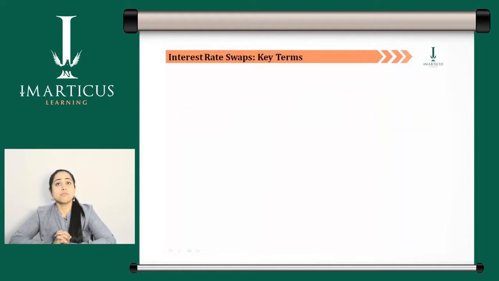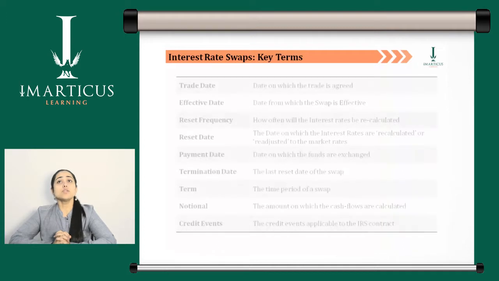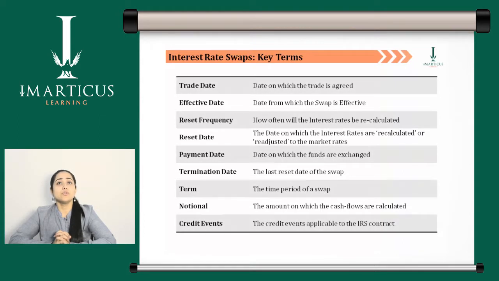Next, let us look at some of the important terms associated with IRS. Let us first start with the trade date. It is the date on which the trade is agreed between two parties. The effective date is the date from which the swap is effective. The reset frequency term indicates how often the interest rates will be recalculated.